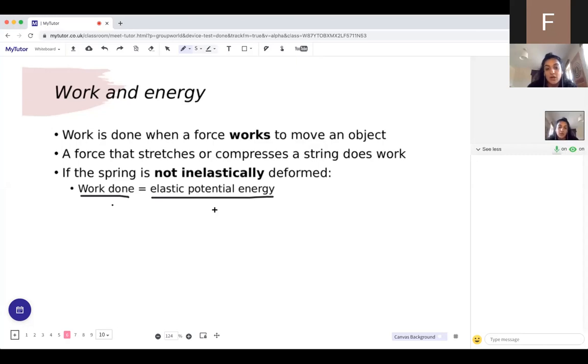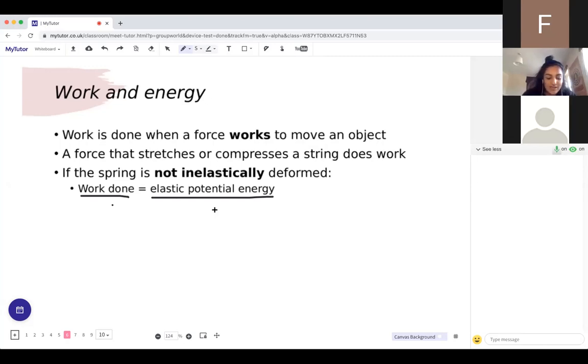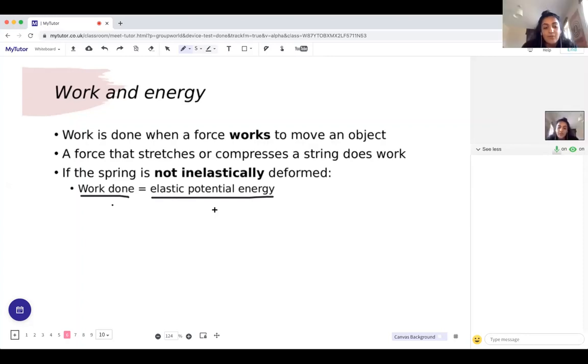That would be a really great thing to say, and it would definitely get you some marks. So always allude to the graph in a required practical question, as it's really what helps us work out what we were investigating. For the required practical, we're trying to investigate the spring constant, which we can't do without a graph.